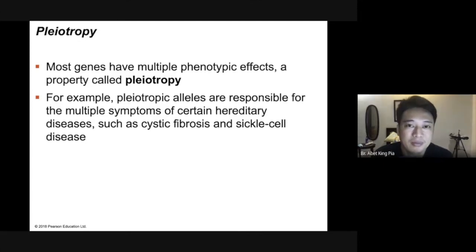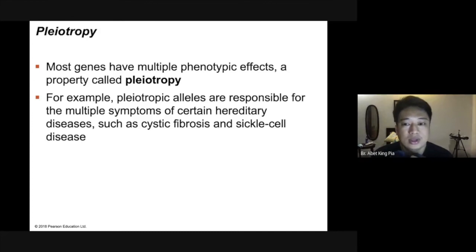Isa sa mga general na symptoms niya, nahihirapan silang mag-absorb ng nutrients.